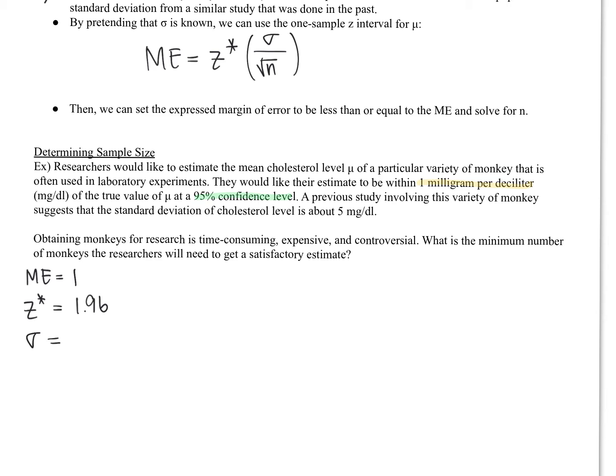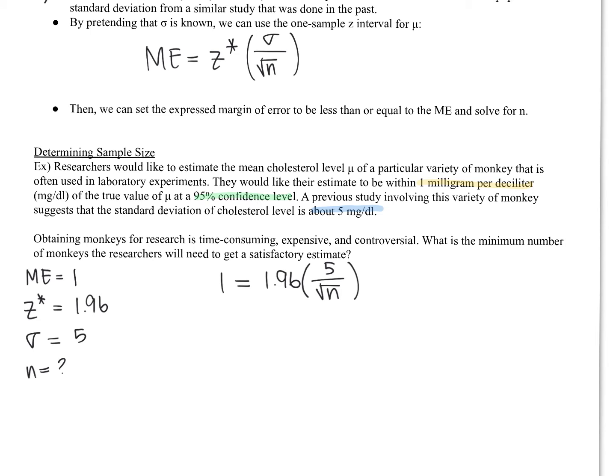We have our standard deviation from the problem, which they say is 5 milligrams per deciliter. And we're going to solve for n. So setting up our formula, we have 1 equals 1.96 times our standard deviation 5 over the square root of n.